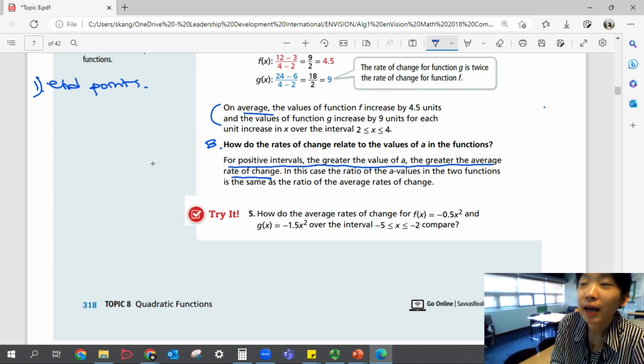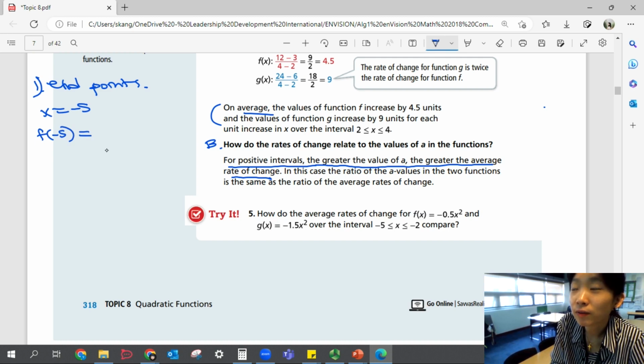So when x is negative 5, your function f of negative 5 will be negative 0.5 times negative 5 squared, which is negative 0.5 times 25, and that's negative 12.5. So that means you have a point, negative 5 comma negative 12.5 for f of x.